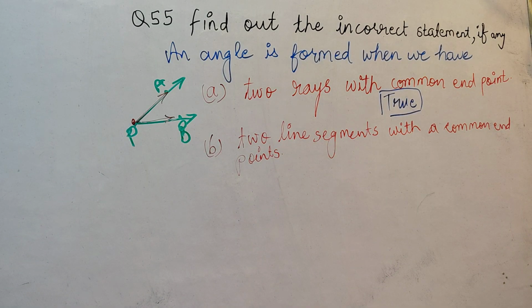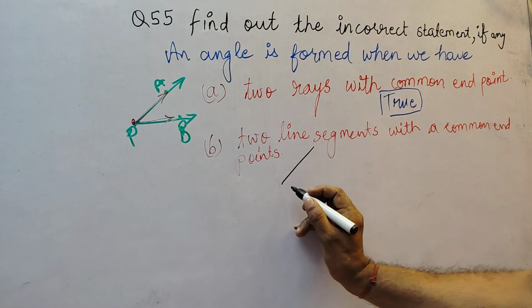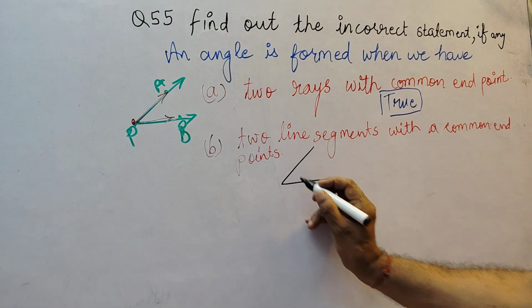Two line segments with a common endpoint. So these are the first line segment and this one is the second line segment.